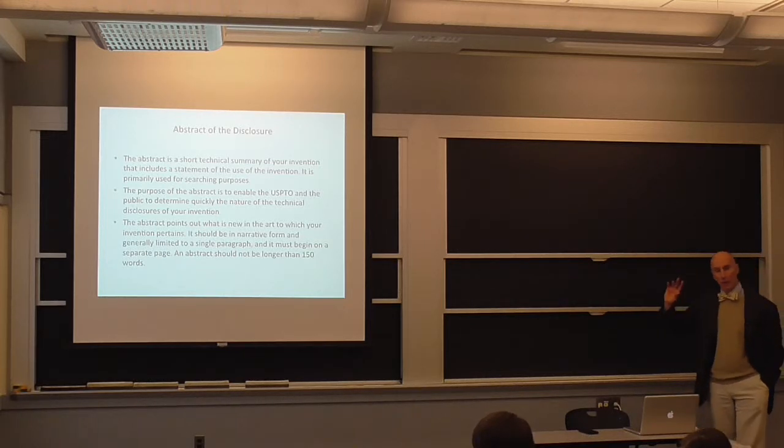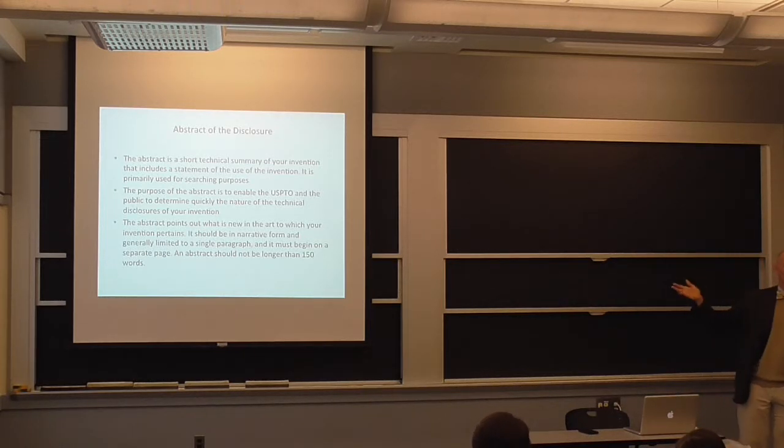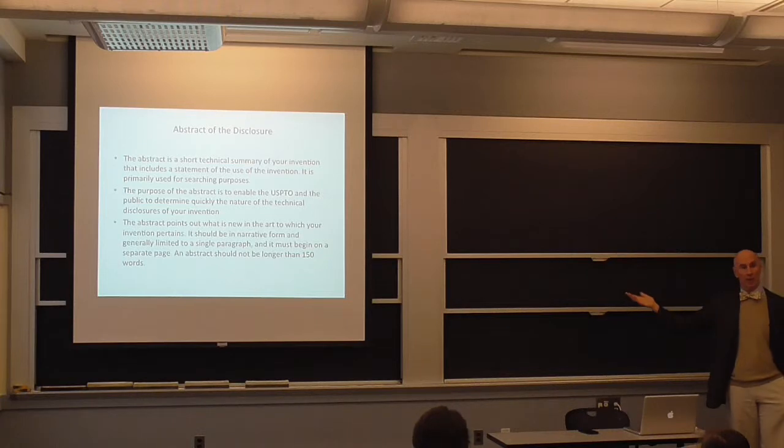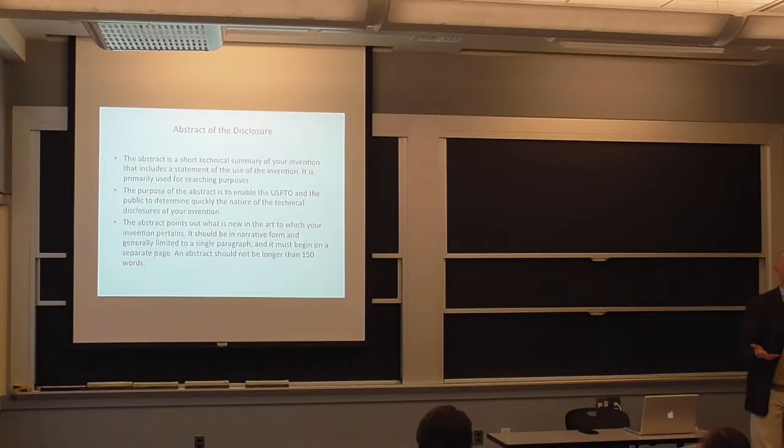Abstract, you know, basically, has anybody written a scientific article? Or has anybody read a scientific article? The first thing you read is the abstract. Same thing for a patent application. It's 3 or 4 sentences that describe or summarize your invention. And it's mostly used by the Patent and Trademark Office to do research.